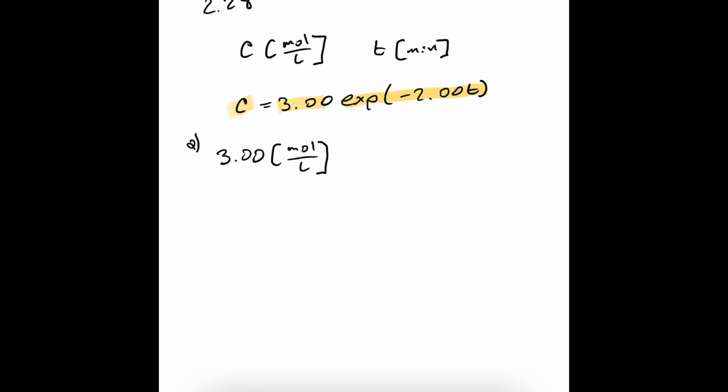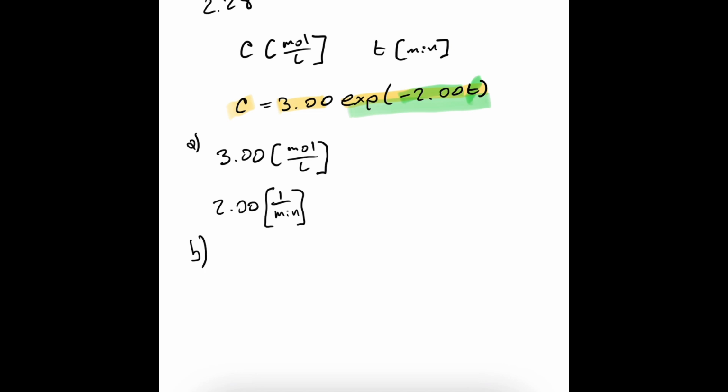Now the 2 right here has to have reciprocal units of t. So if t is in minutes, then the 2 has to have reciprocal of that so that the units cancel out. Because, like I said, this term cannot have units. So 2 has to have reciprocal minutes as its units.